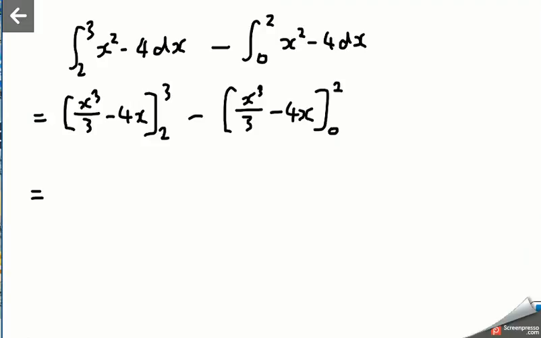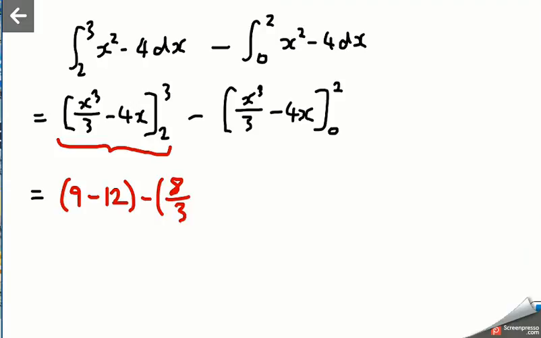Now, let's work out the first one first. This is equal to 27 divided by 3, which is 9, minus 4 times 3, which is 12, minus 2 cubed divided by 3, so 8 divided by 3, minus 4 times 2, so minus 8.